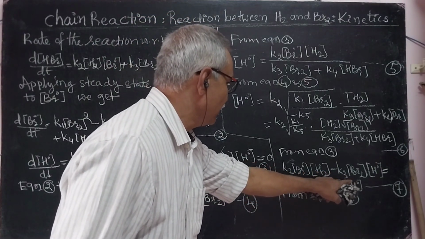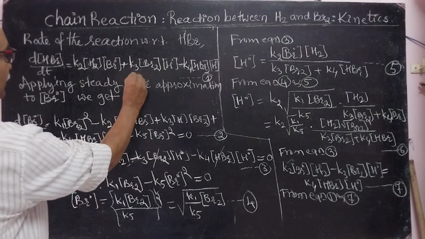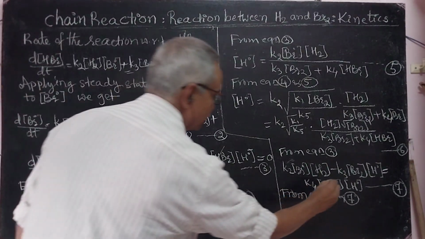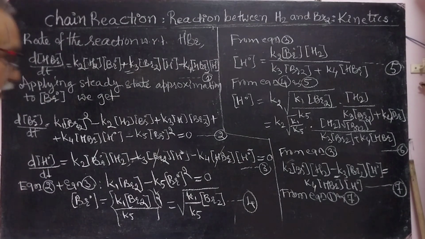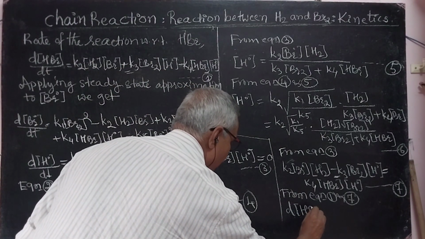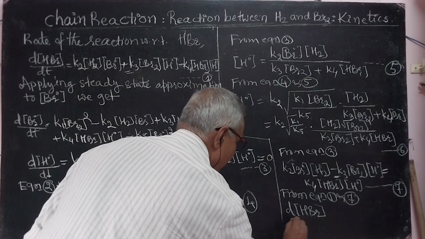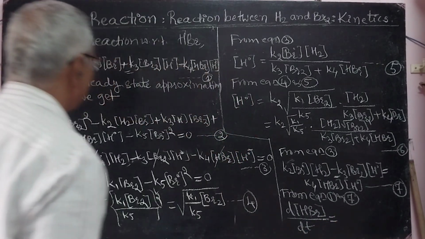We may substitute this for this, then this is positive and this is negative and this gets cancelled. From that you are going to get 2 HBr, that is dHBr divided by dt is equal to, equation 8.